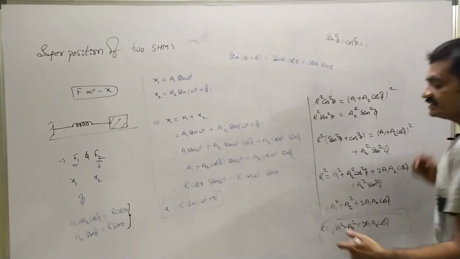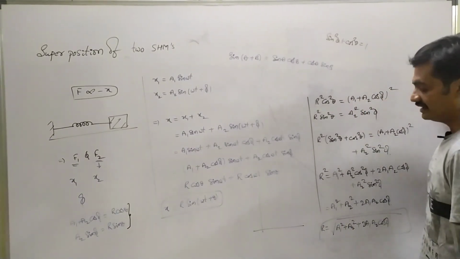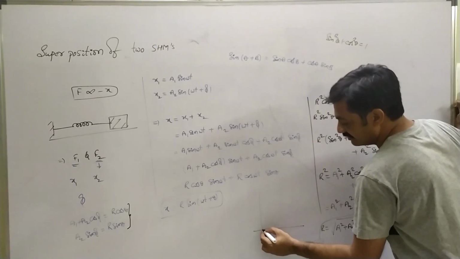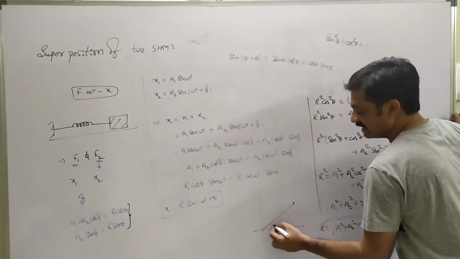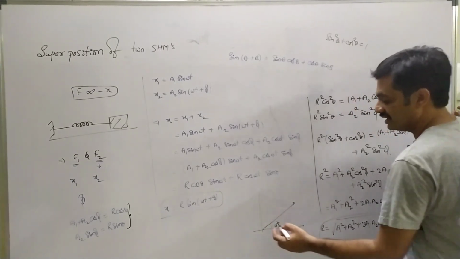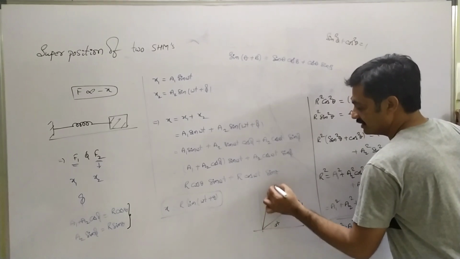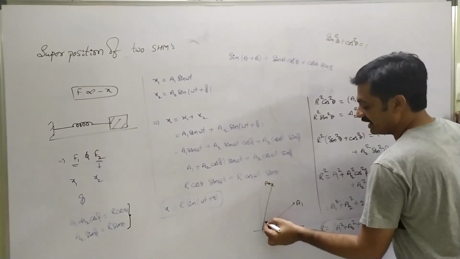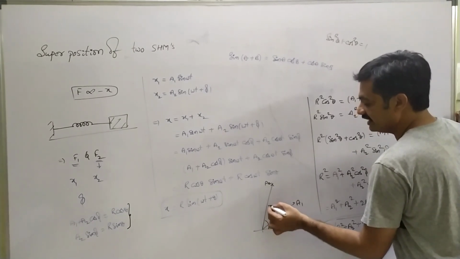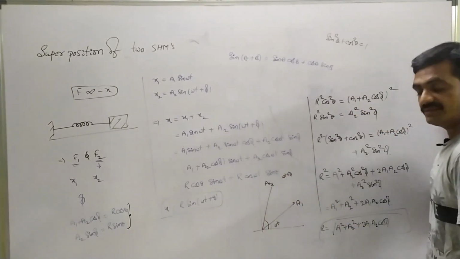So here if we consider an xy plane, and let us consider the amplitude A1 at an angle of omega t, and consider amplitude A2 at an angle of omega t plus phi.